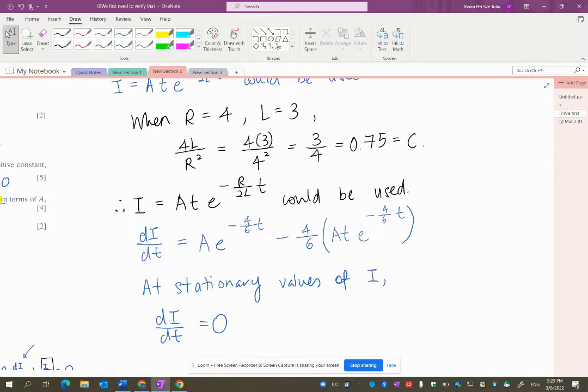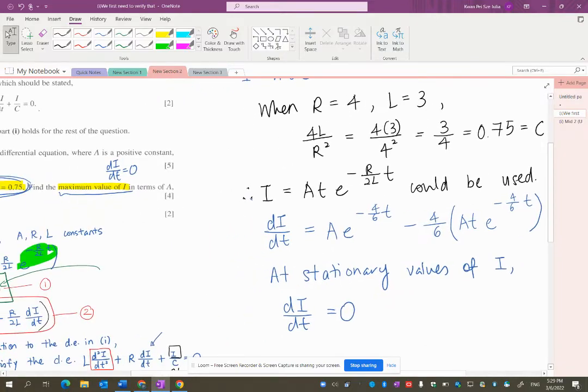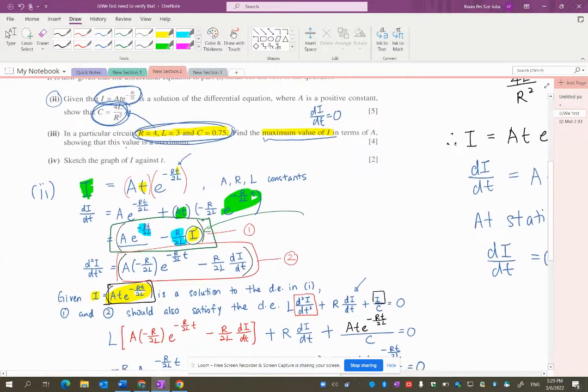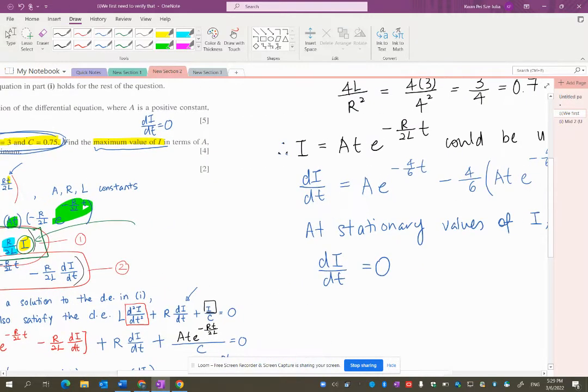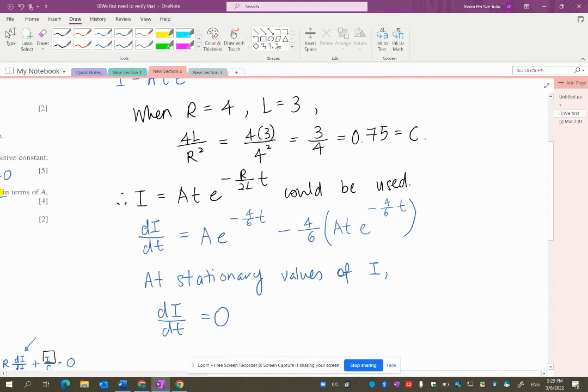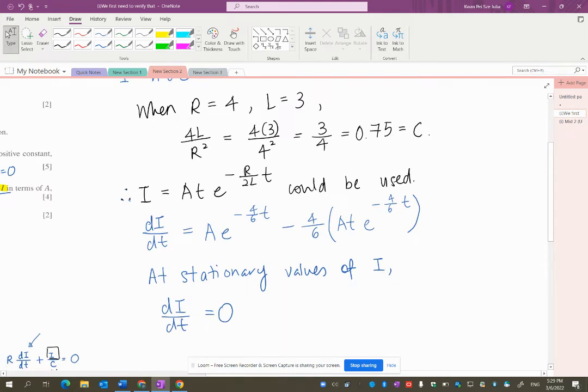Before we do that, let's write down what dI/dt is. You don't have to redifferentiate again because we can use part 2 working. From part 2, you have already found dI/dt, which is this. So I'm going to copy this part of the working over here, and I'm going to substitute R equals 4 and L equals 3.